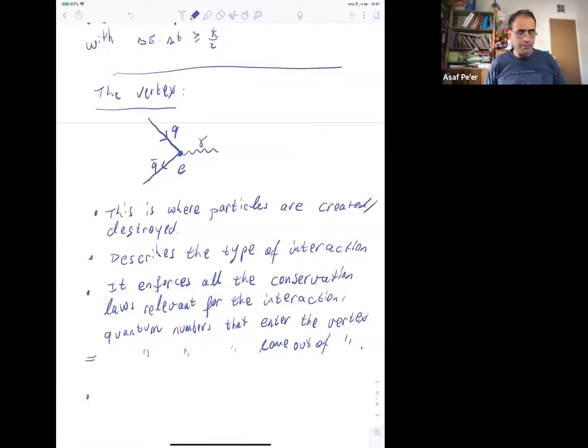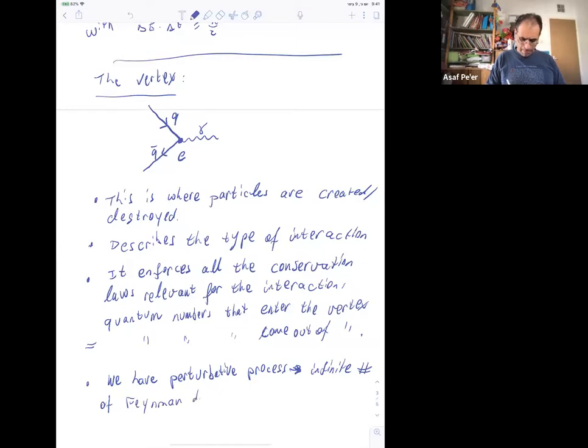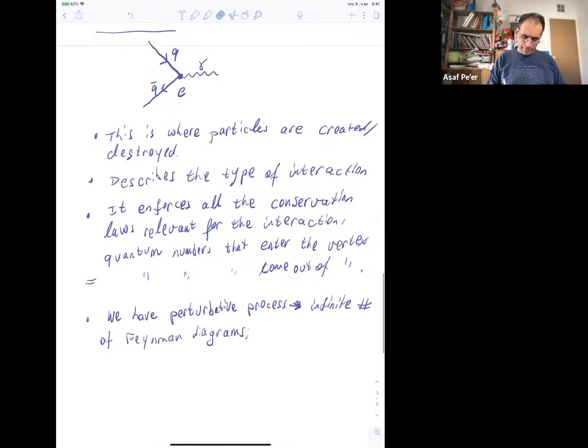And the order of a diagram is the number of vertices that it contains.